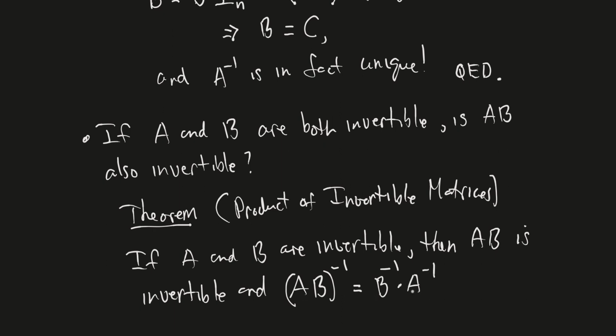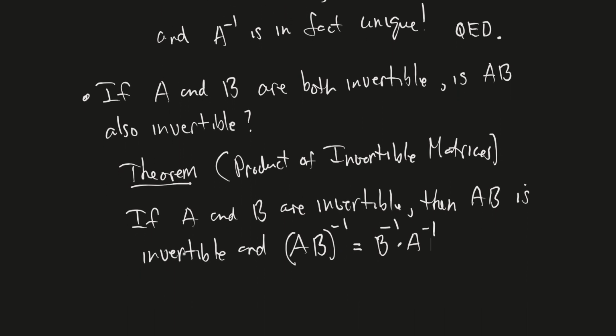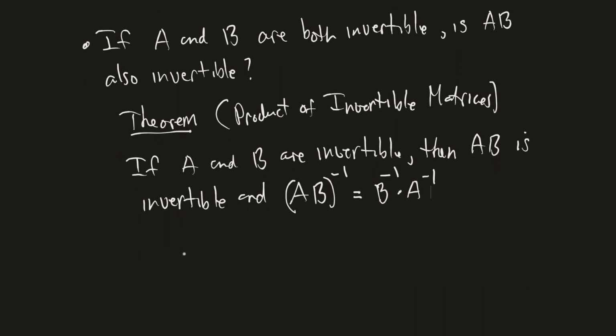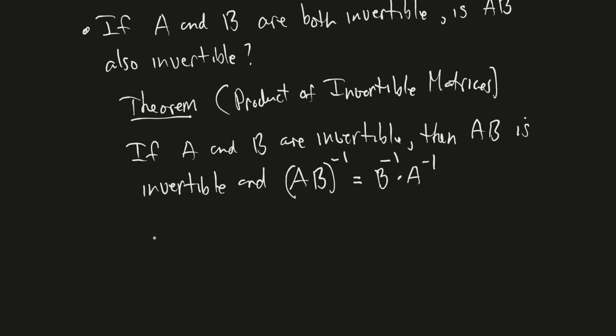And this is a little different from the property of exponents that we know for real numbers. So let's look at a proof of this, and then we can compare and contrast what we know about reciprocals of numbers versus inverses of matrices.